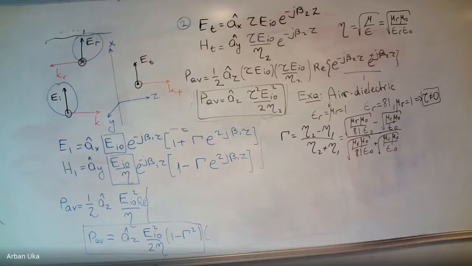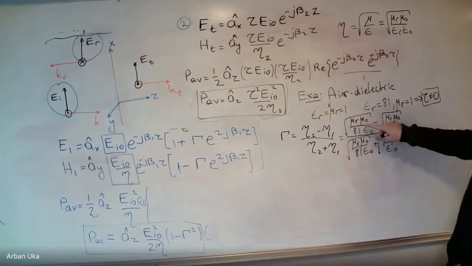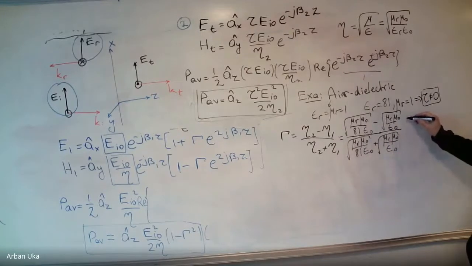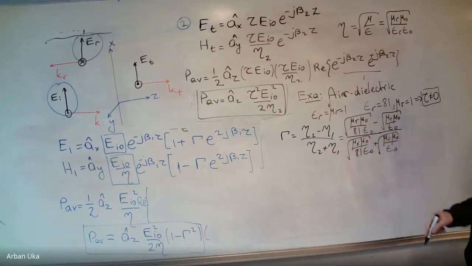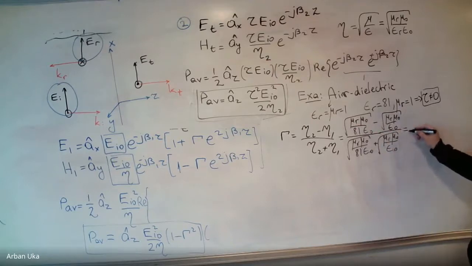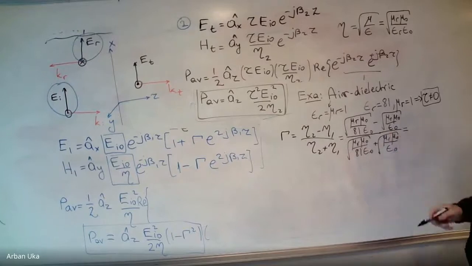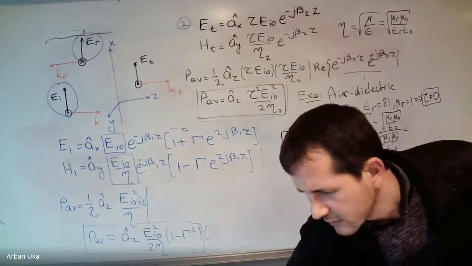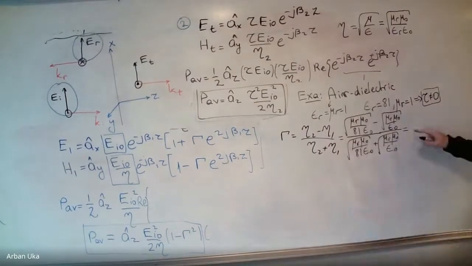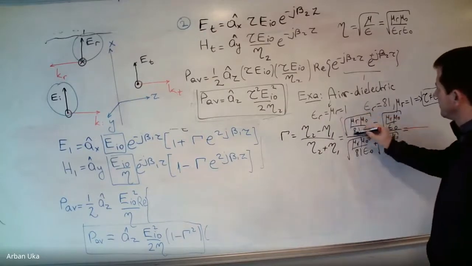So how can we simplify this expression? We can completely cancel out. So what we can do is multiply both equations by 1 over the square root of mu r mu 0, which means that we can cancel this out immediately. And let's multiply by 1. Multiplying by 1, let's define it like this.